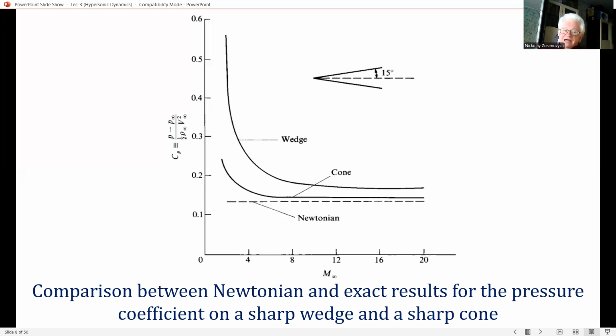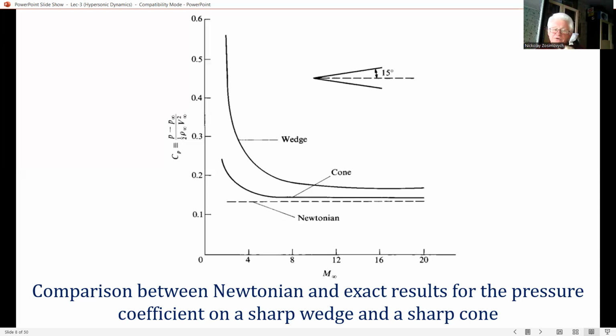And we observe that its accuracy might not be totally acceptable in some cases. For example, in this figure, at Mach 20, the percentage error using Newtonian results is 19% and 5% for the wedge and cone, respectively, not as accurate as might be required for some applications.